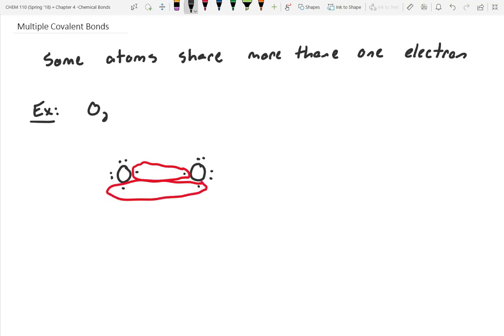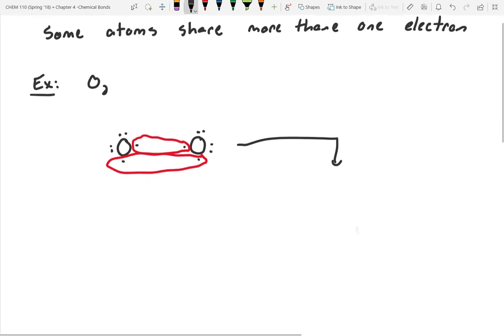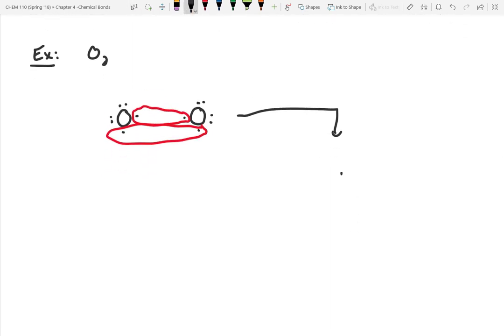Okay, so if we draw this, same idea, we've now got 2 bonding sets of electrons linking them both up. And then we've got 2 lone pairs off of each oxygen, right? Oftentimes you try to draw them relatively evenly spaced around the atom, so you don't have to have them side by side. Does that make sense?